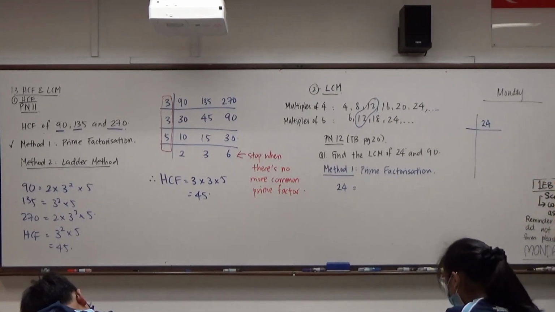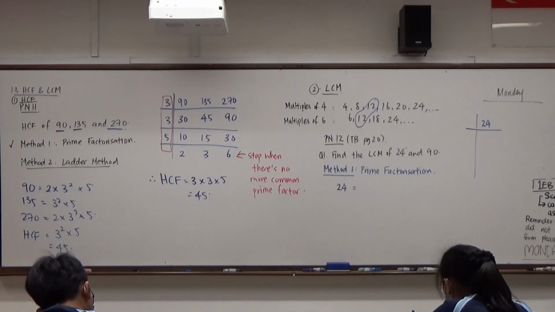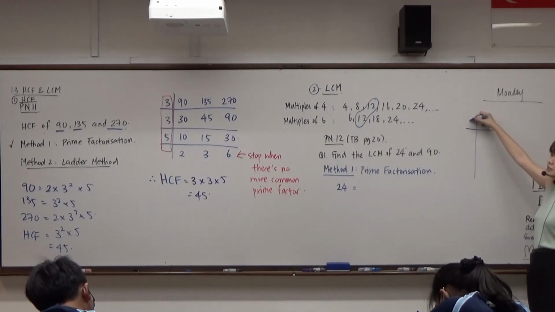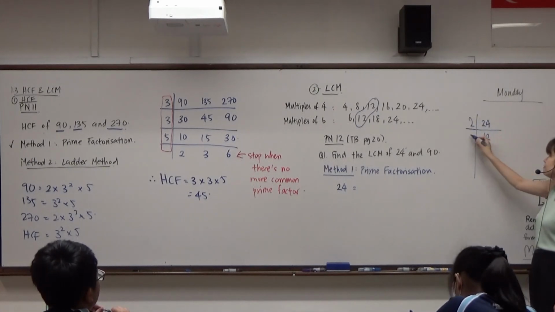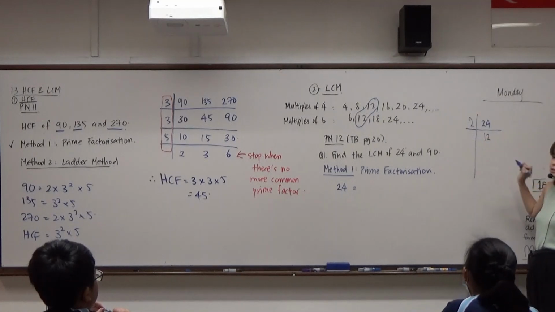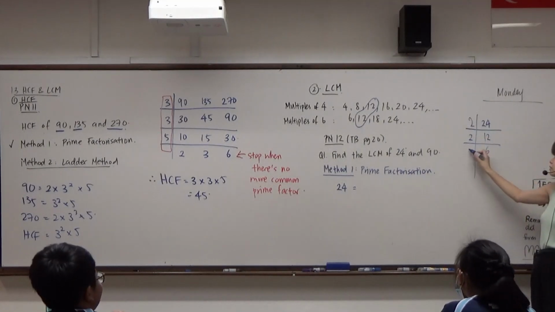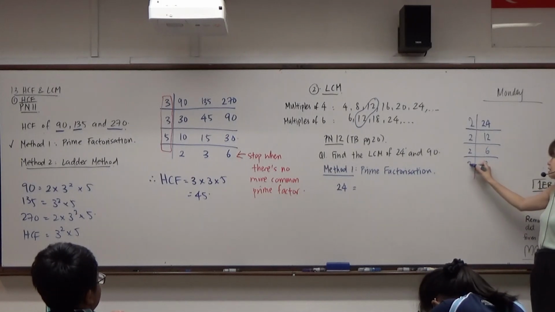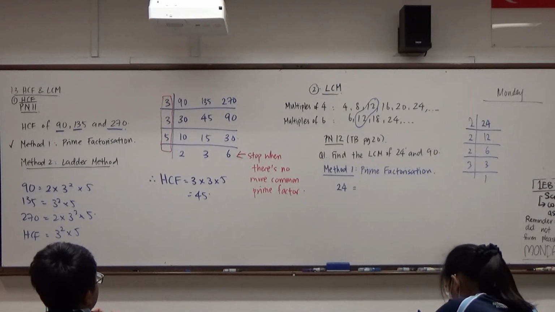we figure out what the prime factors are by making use of this ladder. So 24, I will first divide by 2. I'll get 12. Next, we divide by 2 again, then 2 again, then finally 3.